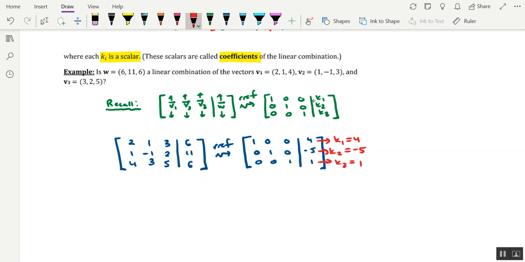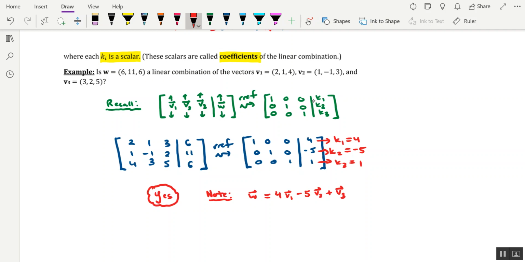So I'm going to say yes to answer this question, and I'm going to make a little note. W, in order to get its components using the vectors v1 through v3, we would need 4 copies of the vector v1, added to -5 copies of the vector v2, which I'll write as -5 v2, plus 1 copy of the vector v3, which I'll write as plus v3.